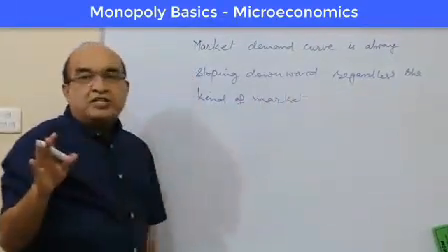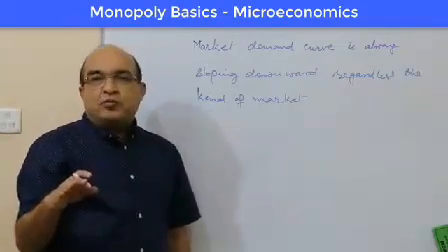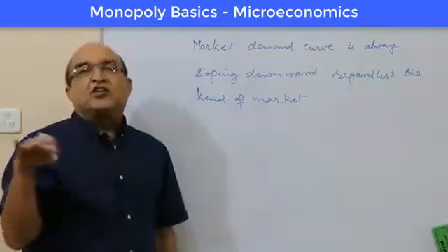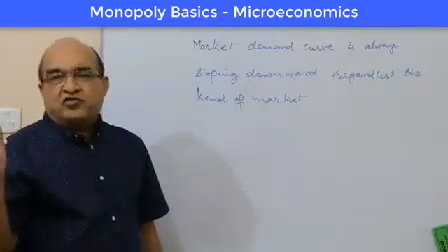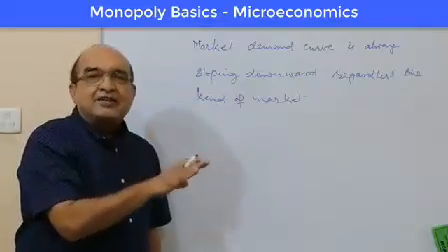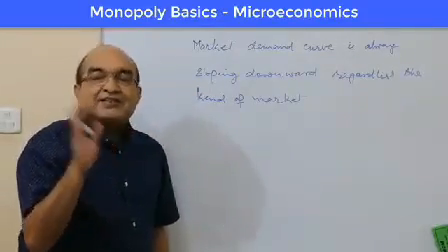Even in perfect competition that we have seen earlier, the market demand curve was downward sloping, whereas for a particular firm it was horizontal, because there are a large number of firms that would have to accept the same price that is settled in the market through demand and supply intersection.